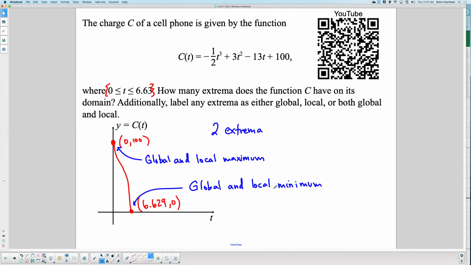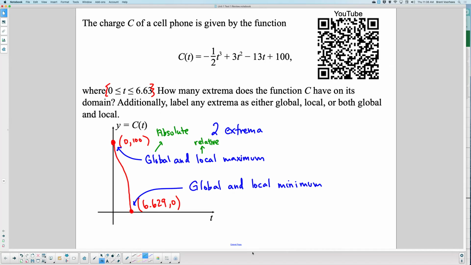All extrema are always relative, they're always locals, but they're not always absolutes or globals. Global and absolute mean the same thing. Local means relative. They're always locals, but they're not always absolutes. In this case, they both work.